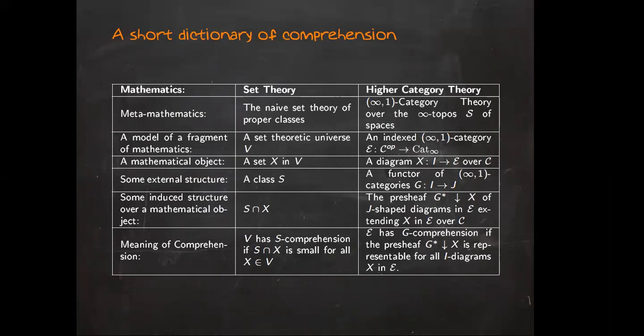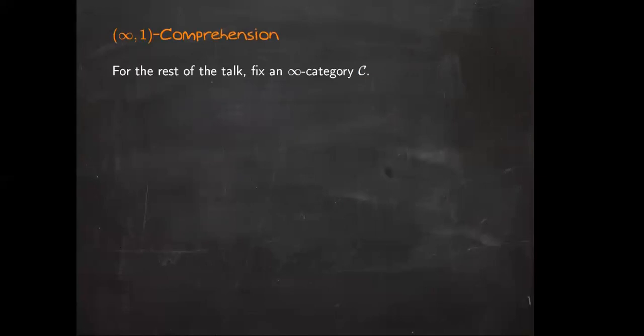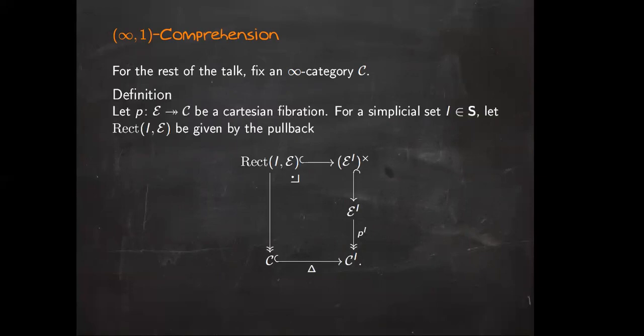All right, so keeping this in mind, we will give formal definitions now. So for everything we do, we fix some infinity category C, right? And now we want to consider some Cartesian fibration over C and define the diagrams that we consider in the diagram extensions.